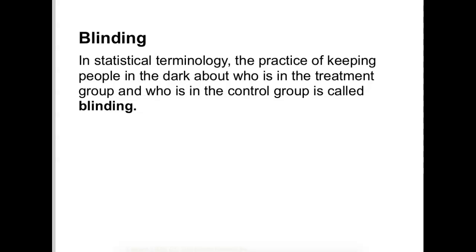All right, let's talk about the term blinding. So this just means keeping people in the dark about who is in the treatment group and who is in the control group. And so we're going to talk about two different types of blinding. We're going to talk about single blind and double blind. So this kind of goes along with placebo. If you're testing a drug and you need your control group to receive a placebo, you don't want them to know that they're receiving the placebo, so you don't tell them that they're not receiving the active drug, right?